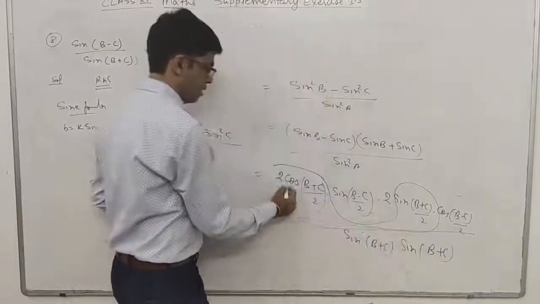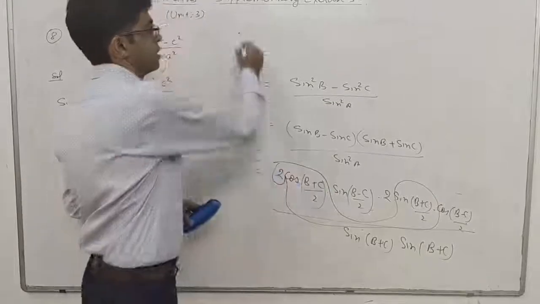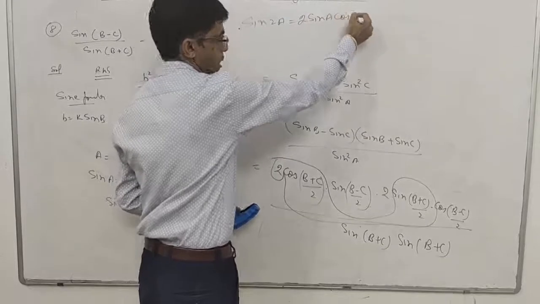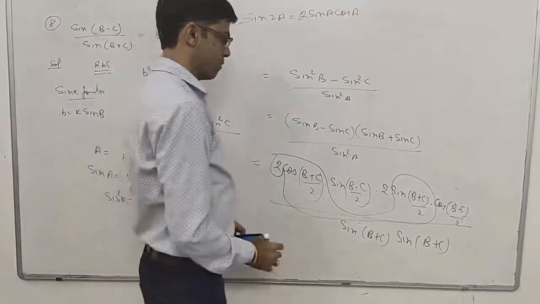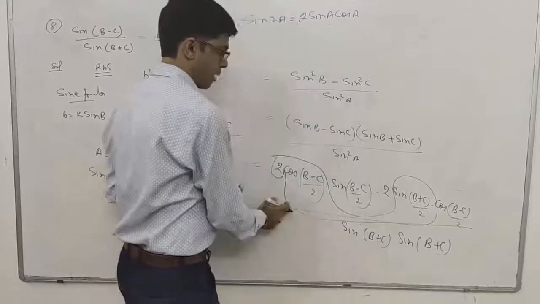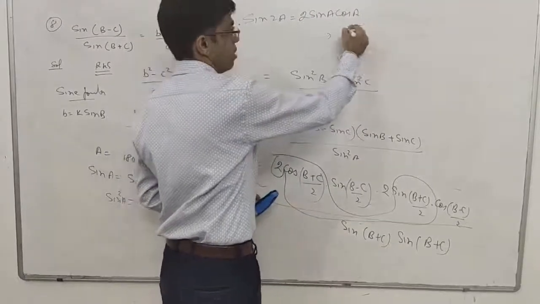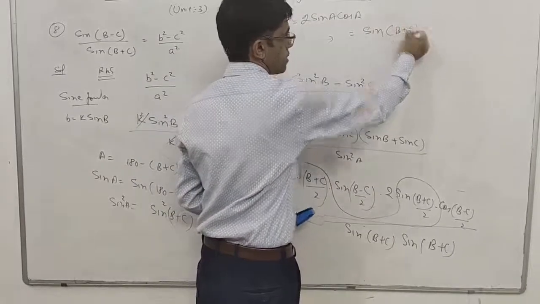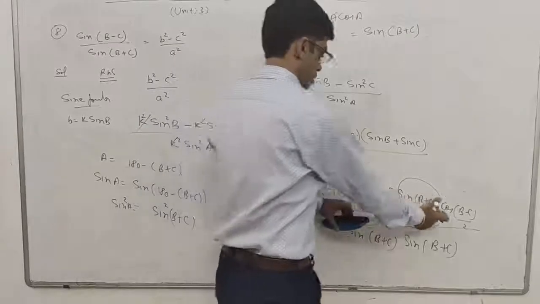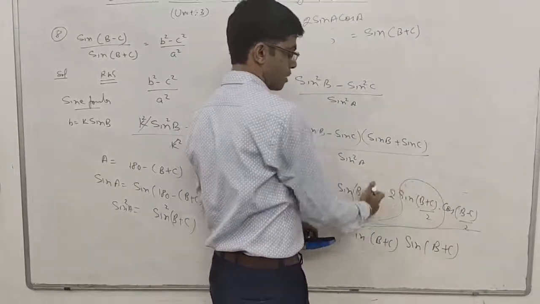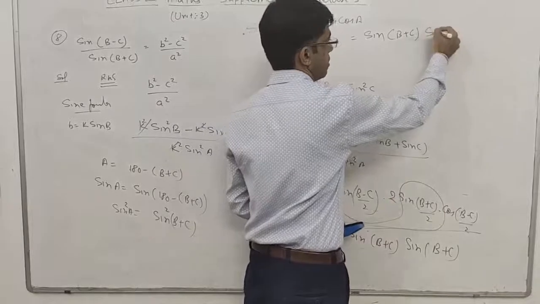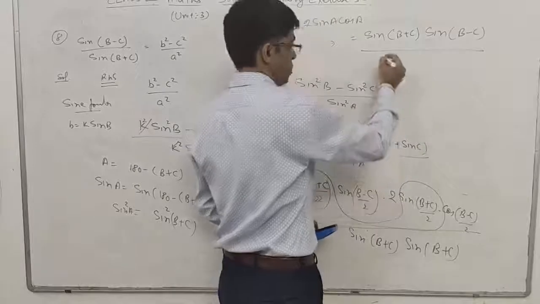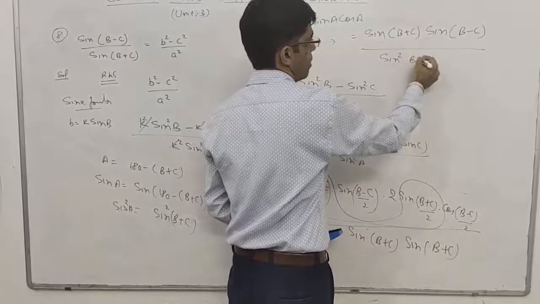Sine 2A is 2 sine A cos A, so the double of this angle is, now the remaining part I am solving here. Double of this b plus c by 2 is sine b plus c, and again apply 2 sine A cos A. Double of this is sine b minus c upon sine square b plus c.